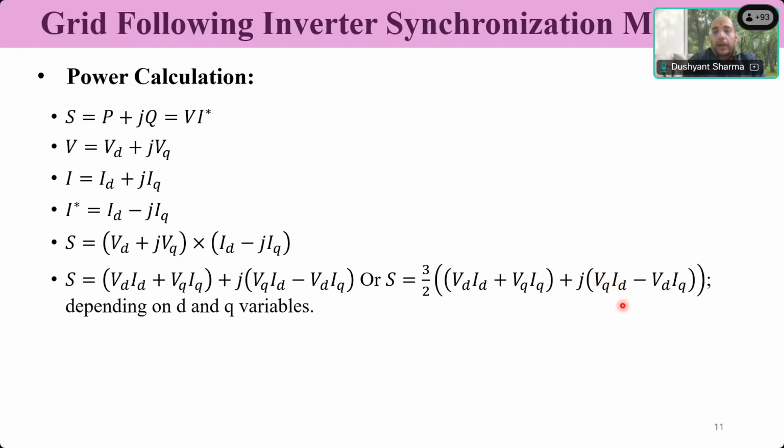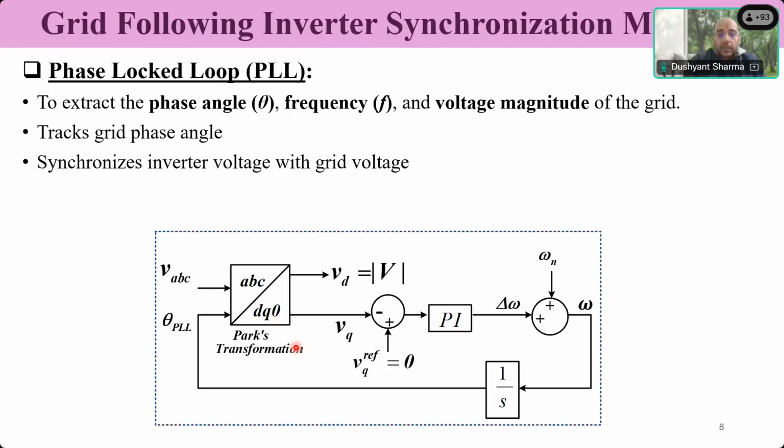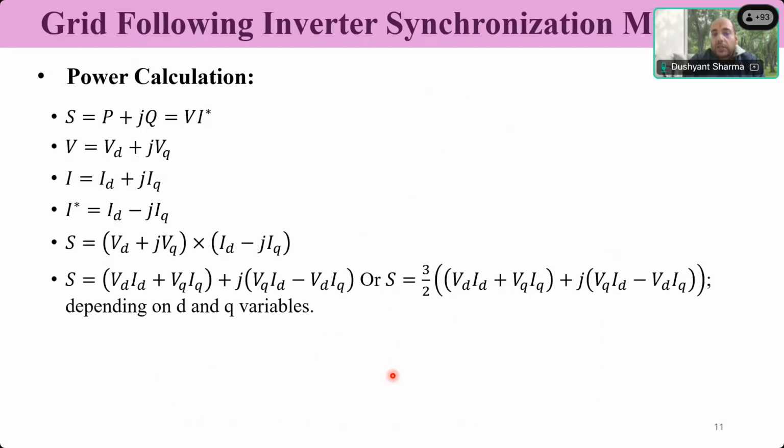So we have VQ ID, Q multiplied by D, and accordingly D multiplied by Q. Now, in simple terms, if your PLL is working fine, then this VQ will become 0. If the VQ becomes 0, you can put 0 here and you can put 0 here. So P can be just VD ID and Q can be just minus VD IQ in simple terms.